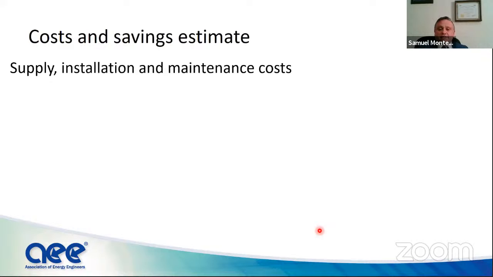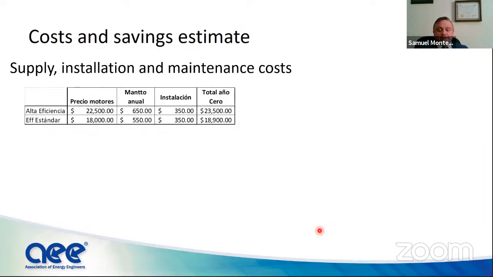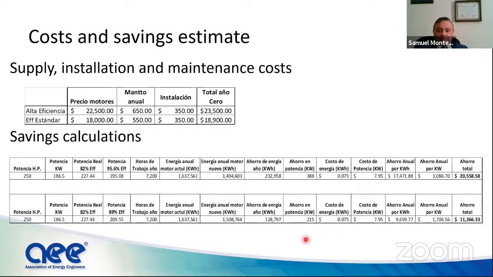Okay, cost and saving estimate. If you look at the high efficiency and standard efficiency, there is a difference, more or less, of $4,000. Saving calculation: there is the high efficiency, and there is the standard efficiency.